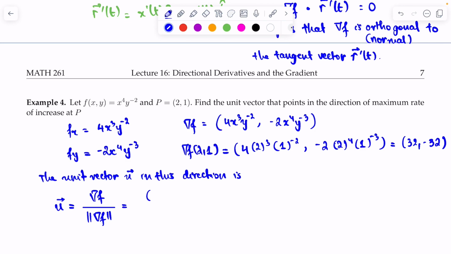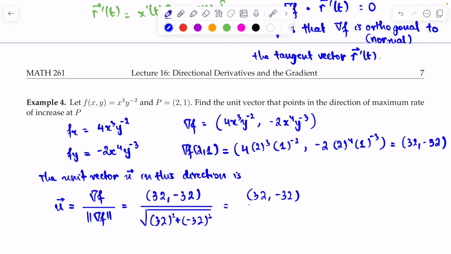The gradient vector is 32, comma negative 32, divided by the magnitude, which is the square root of 32 squared plus negative 32 squared, or 32 times the square root of 2. If you simplify this, you're going to get 1 over root 2, comma negative 1 over root 2. So that's how you find the unit vector that points in the direction of maximum rate of increase.